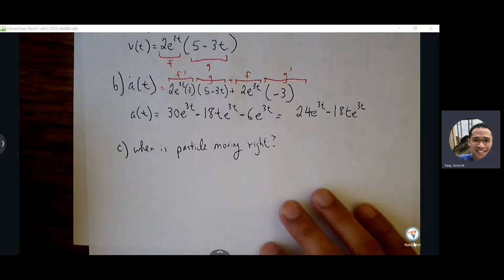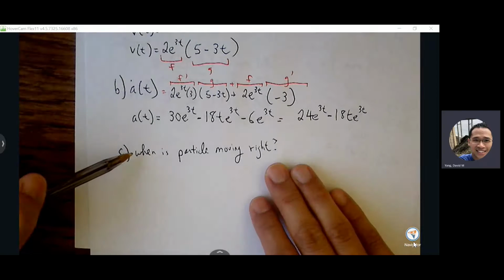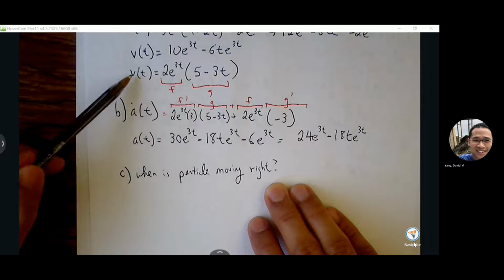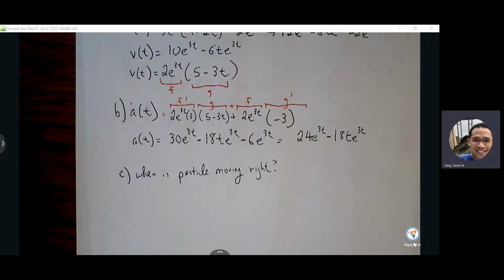Okay, part C, when is the particle moving to the right? We have to create a velocity sign line and then test each subinterval.